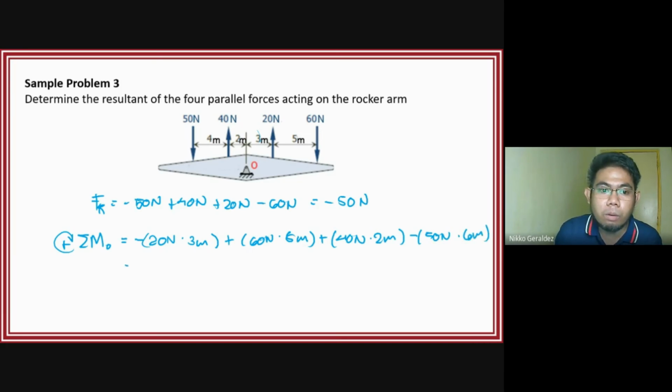No? So moment at point O, so equal to, ano yung moment? What is the moment? Negative 20 times 3 plus 60 times 8 plus 40 times 2 minus 50 times 6.